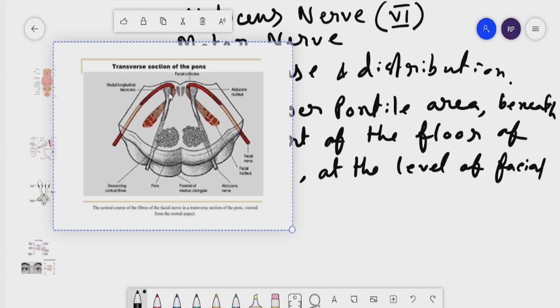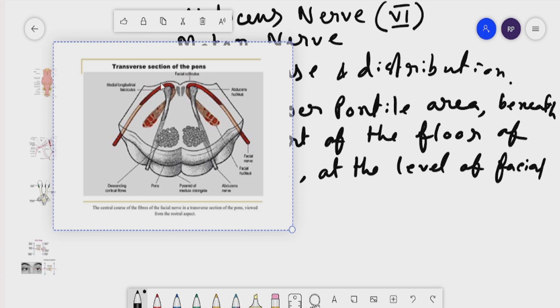From this nucleus, the abducens motor nerve fibers arise and go downwards and forwards and come out from the pons. This nucleus is located in the lower pontine area, and this is the fourth ventricle, and this is the floor of the fourth ventricle.